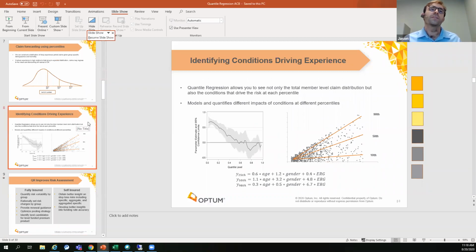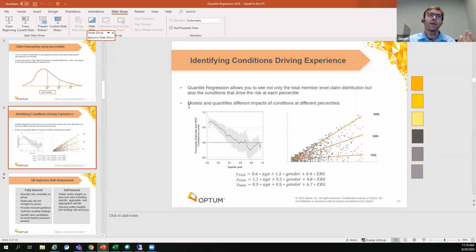So here I'm trying to illustrate with a couple of pictures what really is going on, sort of one variable at a time. The basic idea is that not only can you see the entire member claim level distribution, like in that last picture, at the member level, what were their actual costs and what could their future costs look like as a result of that.